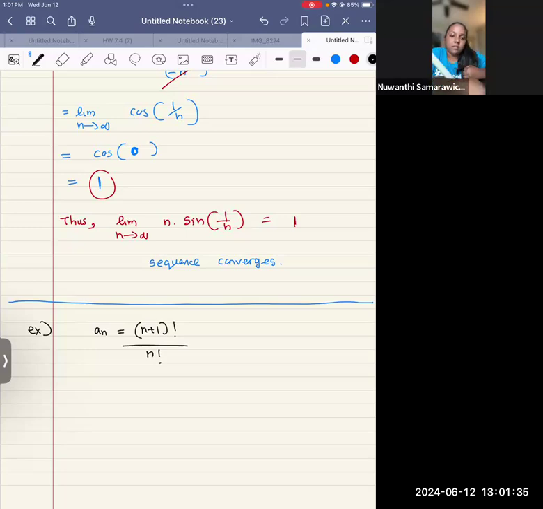What do you think, whether it diverges or converges? How do we solve this?